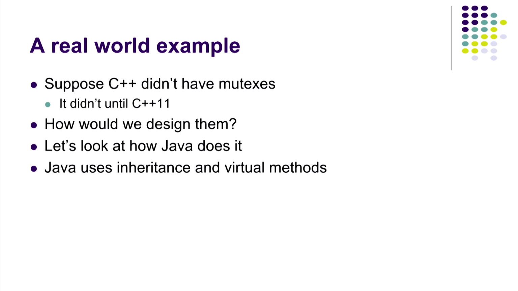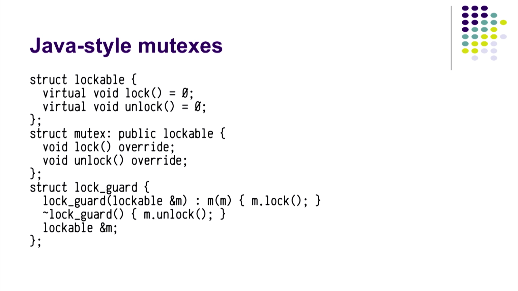Turns out, I know none of you will believe this, but some languages already had support for threading before 2011. Okay? So you'd go and do some research and find that an obscure language called Java, in fact, had mutexes. So you look at how it does it, and it uses inheritance and virtual methods, right? So they do it something like this. I'll write it C++ style and with RAII. But they have an abstract class called Lockable that has pure virtual lock and unlock methods.